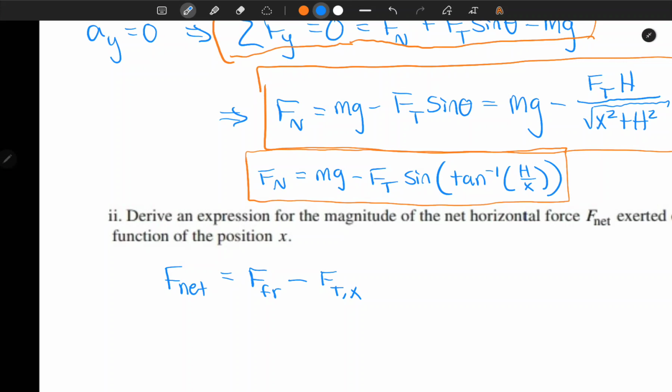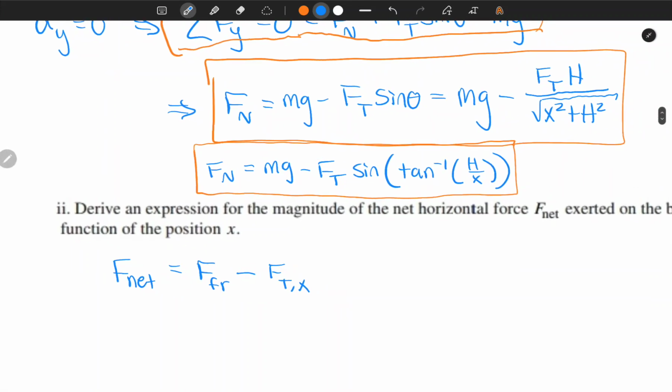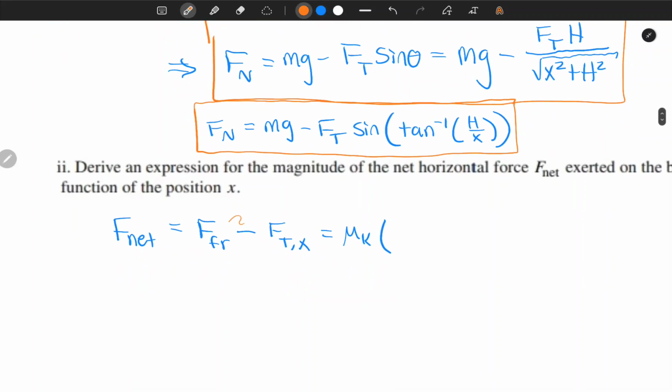Plugging in for both of these values, we find that this should be equal to mu sub k for the friction force, this is the coefficient of friction, times the normal force, because we know the force of friction is equal to mu sub k times the normal force.